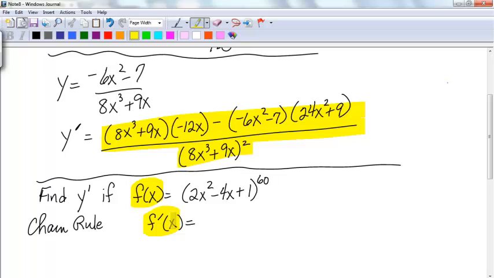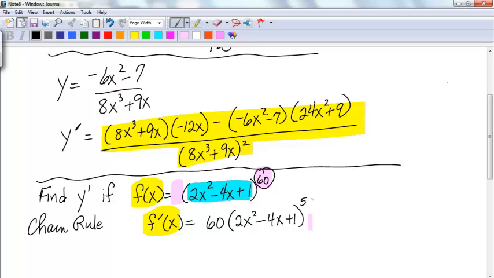Everybody watch up here for a minute. Here's the shortcut. You take this exponent times the number in front out here. So 60 times 1 would just be 60. The part inside the parentheses stays the same. Depress this exponent by 1. Now here's the extra part. It's times the derivative of what's inside.